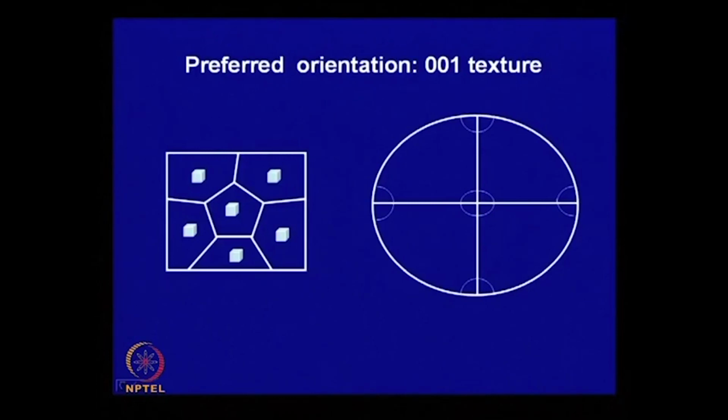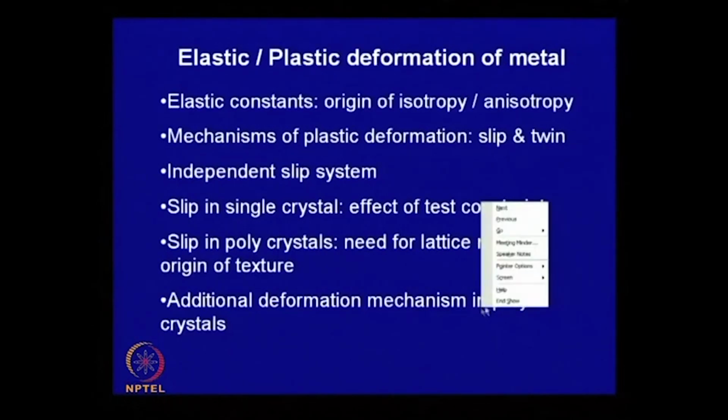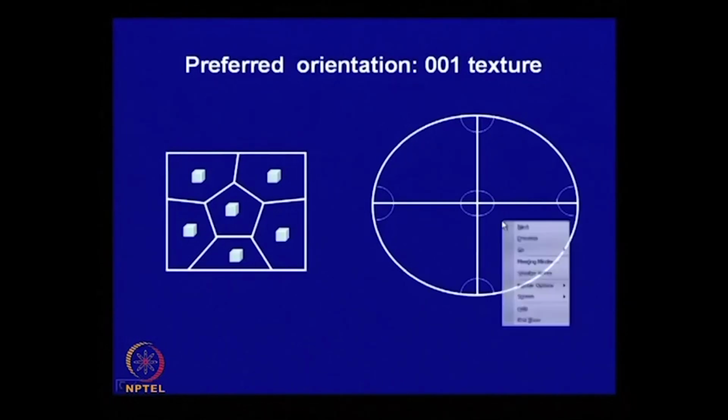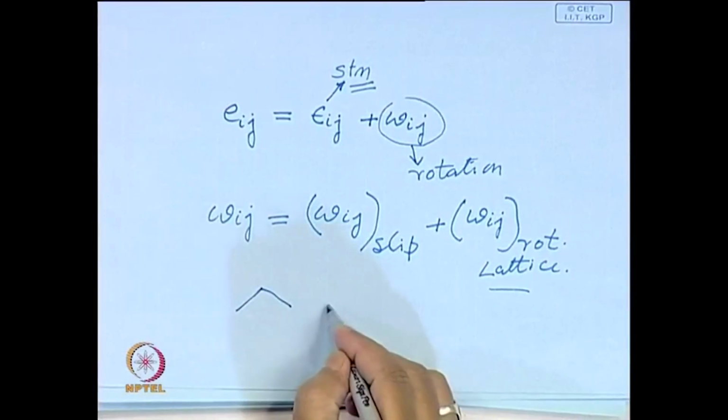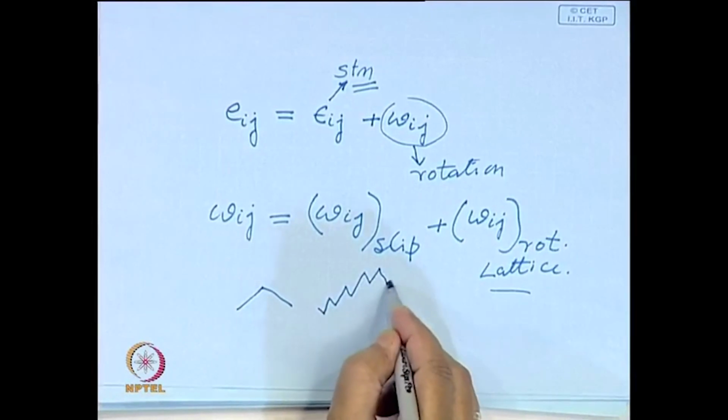Now, apart from this, there can be other modes of deformation as well. To maintain this continuity, it is quite possible that grain boundaries can also move over one another, but this will be determined by the characteristic nature of the grain structure, whether the grain boundary is smooth like this, or whether it is like this.